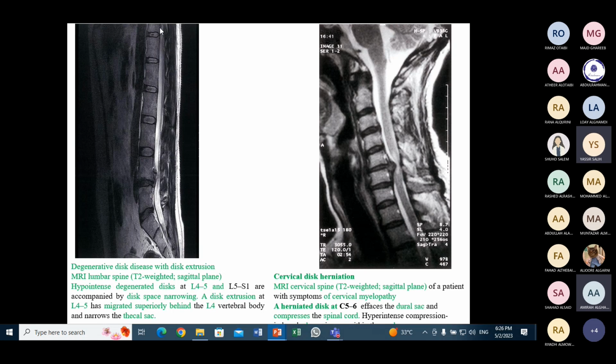This is a lumbar spine. This is a sagittal MRI. Is it T1 or T2? T2. This is T2. Please, do you see the abnormality? At which level, and what is the abnormality?